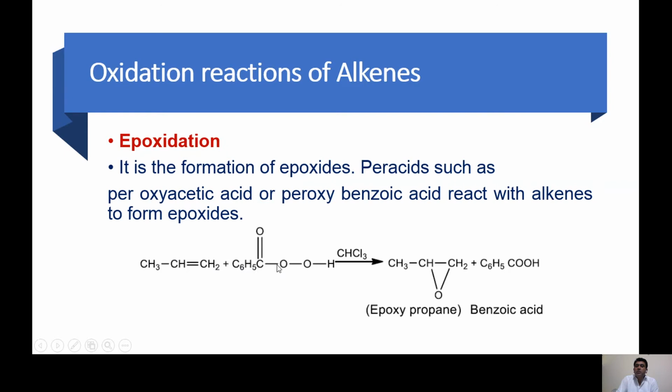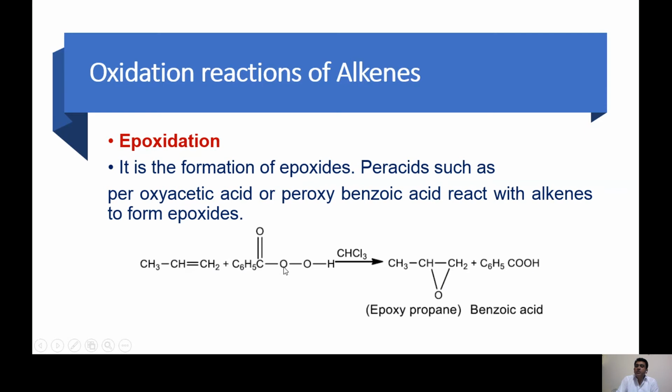So one of the oxygens is going to react with this double bond, and this oxygen comes in between these two carbons, and we get this kind of product that is called an epoxide. Because there are 3 carbons, it will be called epoxypropane, plus benzoic acid.